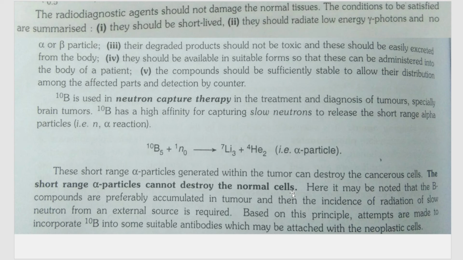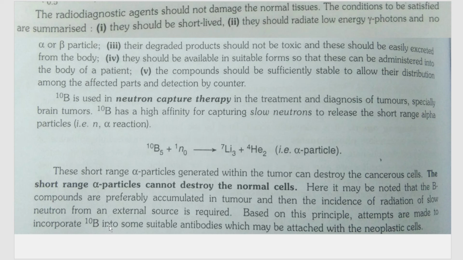So how is this done? First the boron radioisotope is administered into the body. It goes into the body and gets accumulated in the tumor cells. Then slow neutrons are given out from an external source outside the body. The boron tries to capture those neutrons, and as soon as it captures a neutron, it gives out alpha radiation.